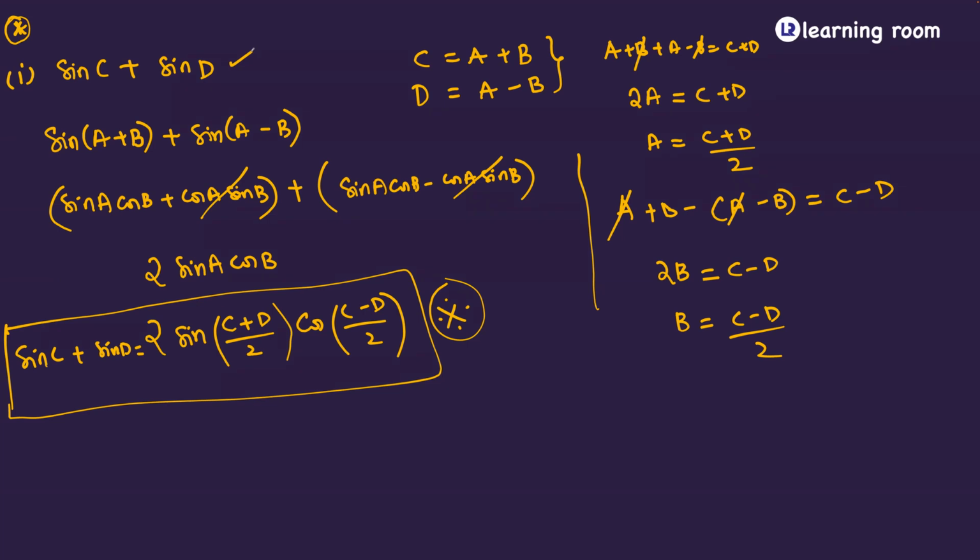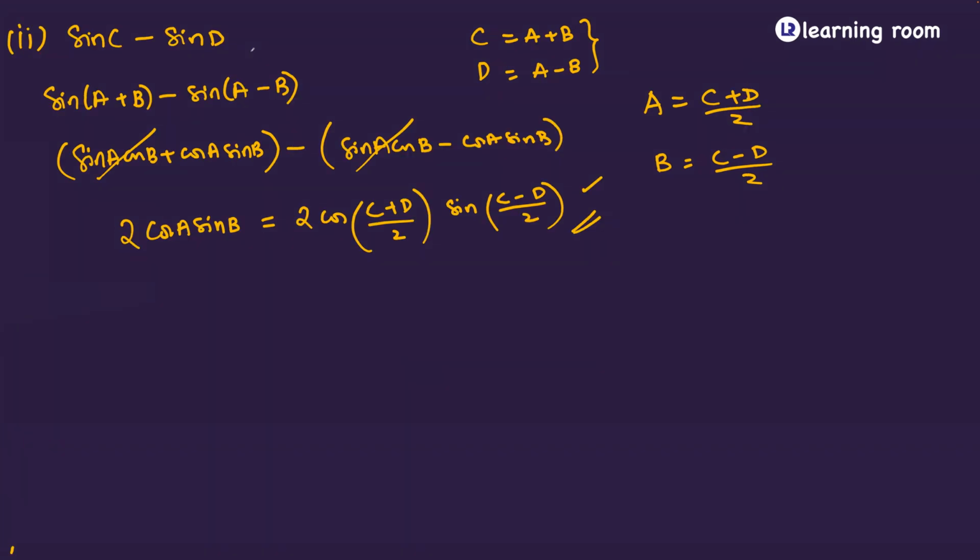At last you will get 2 sin of (C plus D) by 2 cos of (C minus D) by 2. Same is the case with sin C minus sin D. C is taken as A plus B, D is taken as A minus B. When you solve it, you will get 2 cos of (C plus D) by 2 sin of (C minus D) by 2.